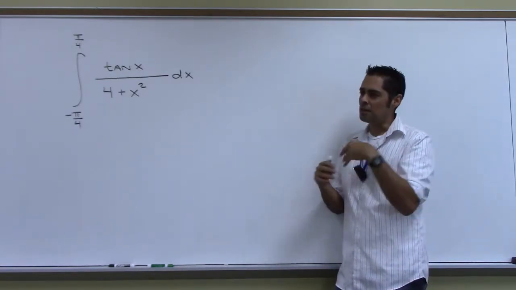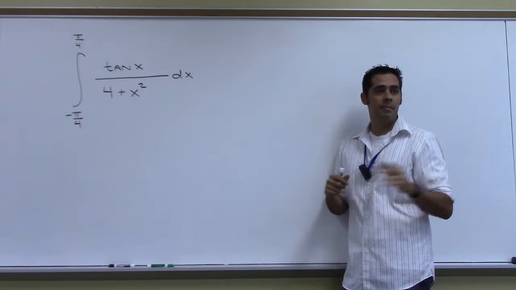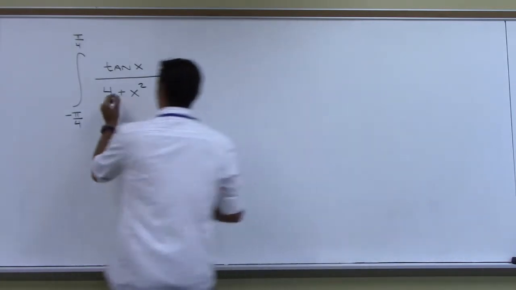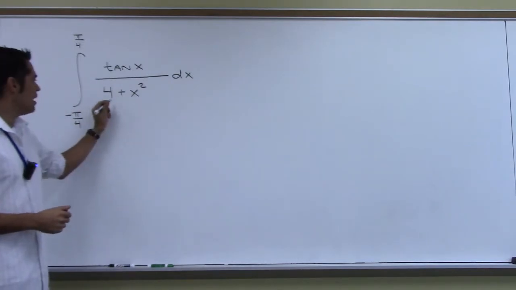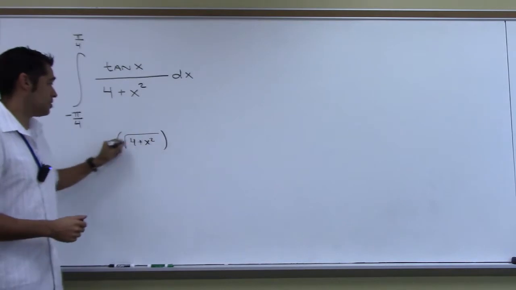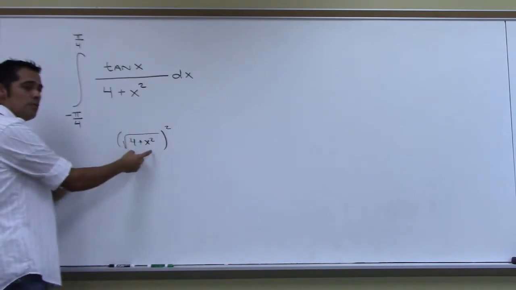You're seeing the arctan in there. You're seeing trig sub. The problem with the trig sub was that we would first have to rewrite this as the square root of 4 plus x squared, and then squared to be clever and put it under a root.